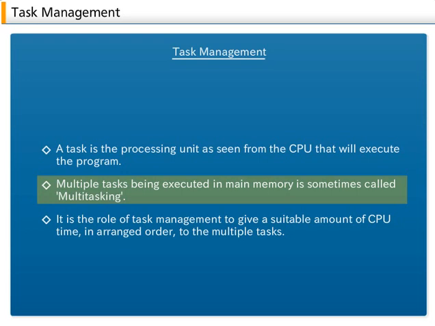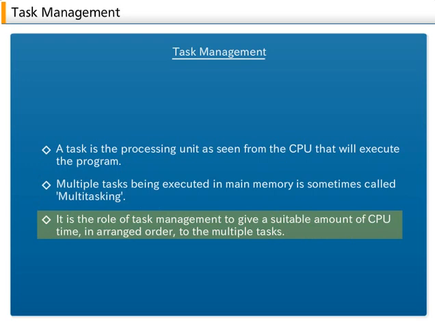One task is selected from among these multiple tasks, and from the standpoint of the CPU, it is given CPU time. The role of task management is to give a suitable amount of CPU time, in arranged order, to the multiple tasks to be executed in multiprogramming and TSS.